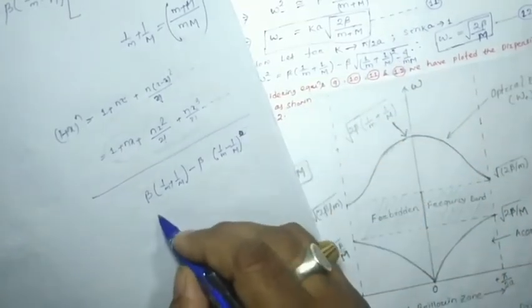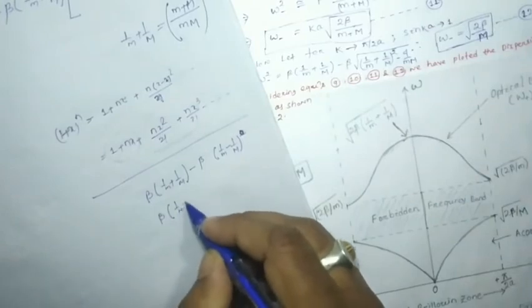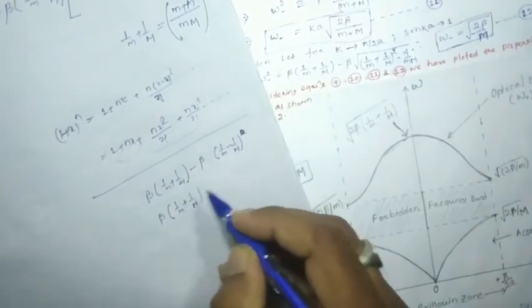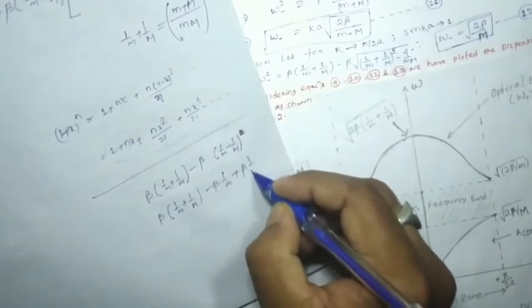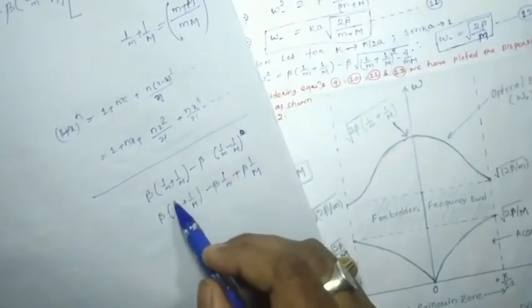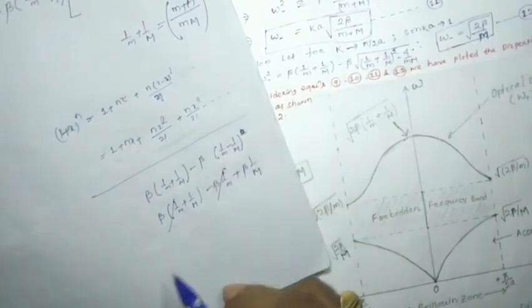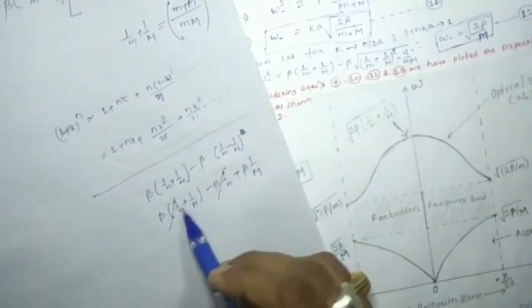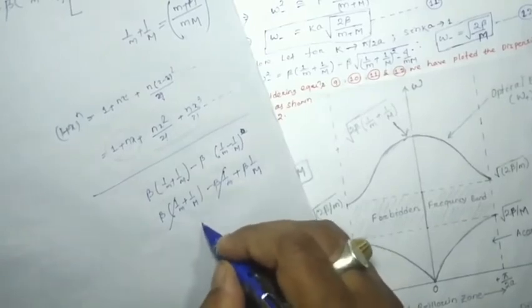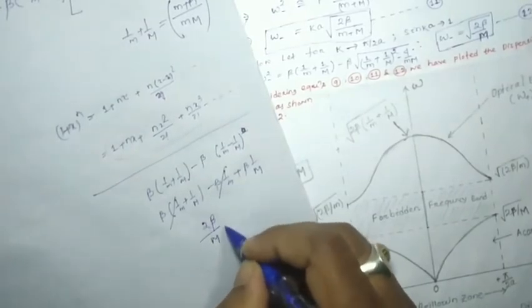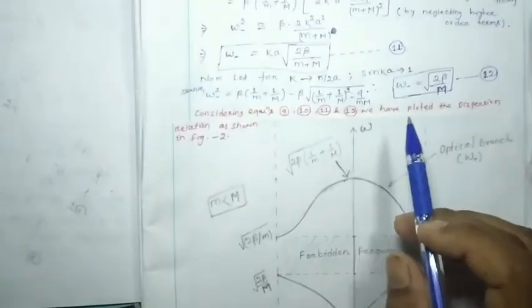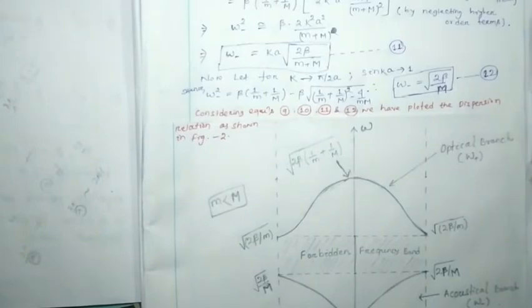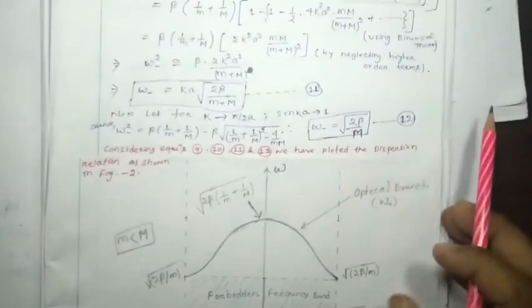So it will be beta into 1 by m plus beta into 1 by M, minus beta into 1 by m plus beta into 1 by M. So beta into 1 by small m is going to be cancelled out, and we are going to get 2 beta by capital M. Hence omega minus will be the root of 2 beta by capital M. Let this be equation number 12.